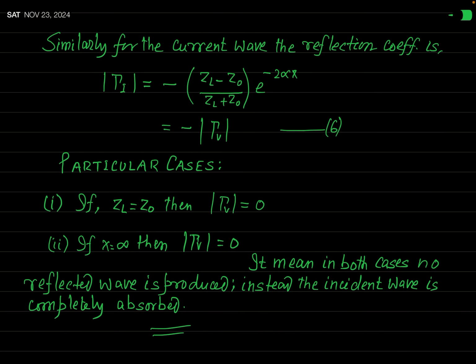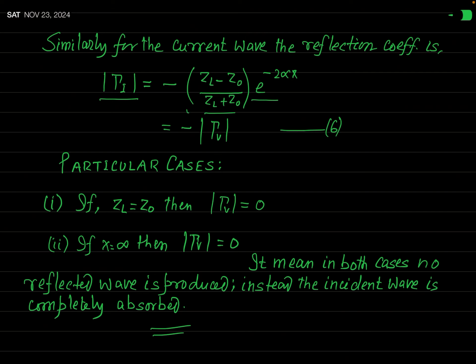Then you will see that the reflection coefficient for the current wave will be equal to minus ZL minus Z naught over ZL plus Z naught times e to the power minus 2 alpha x.